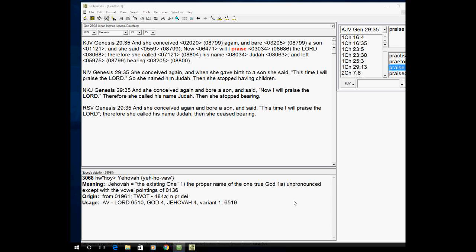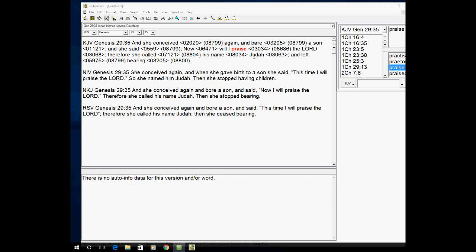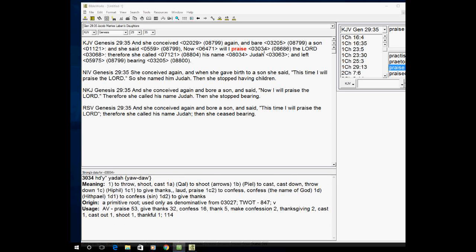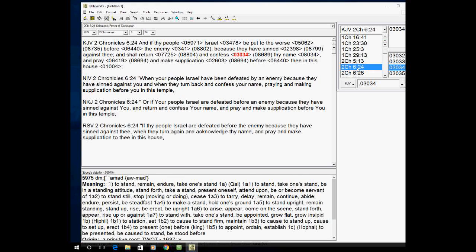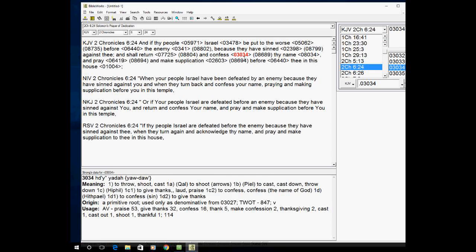There we go. You see this word 3034 here. It says, I will praise. And that's the same one that I was bringing up as where it's confess. Here, 2 Chronicles 6:24, it's translated confess.